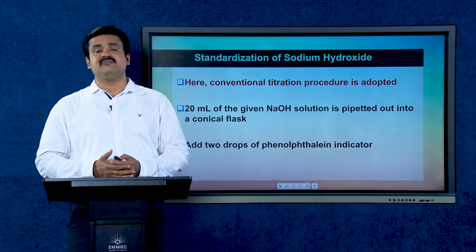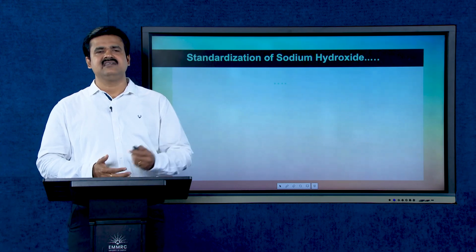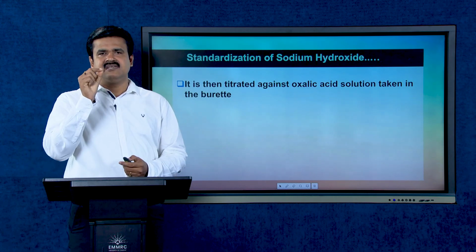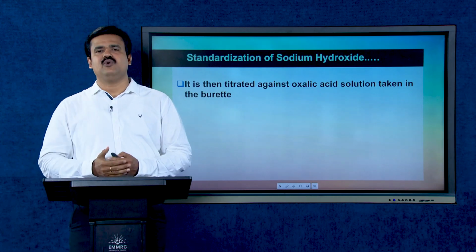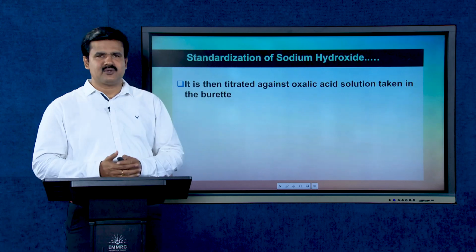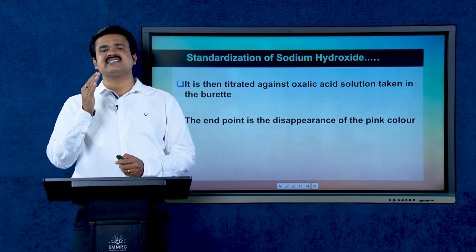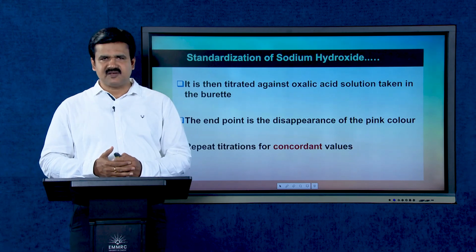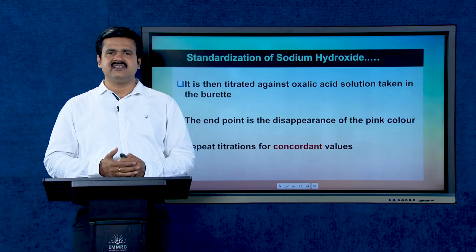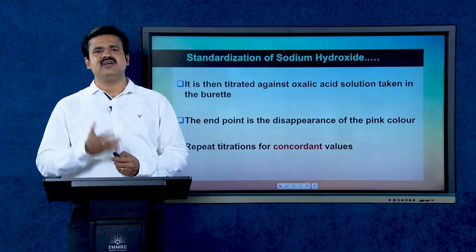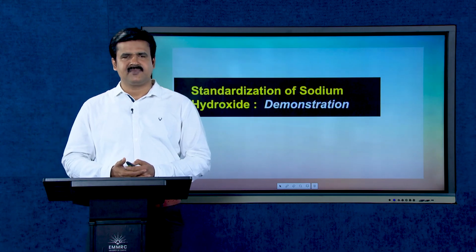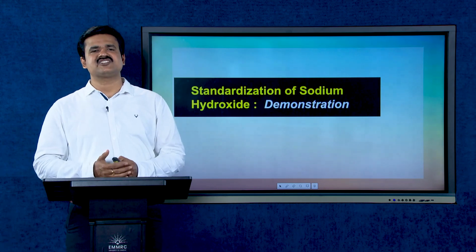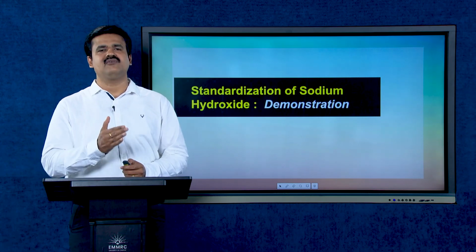Add 2 drops of phenolphthalein indicator and this solution is titrated against the already prepared standard solution of oxalic acid which is taken in the burette. The end point is the disappearance of the pink color. Repeat the titration between the sodium hydroxide and standard oxalic acid solution to get the concordant values. Now, we are going to demonstrate the standardization of sodium hydroxide. Over to the laboratory.